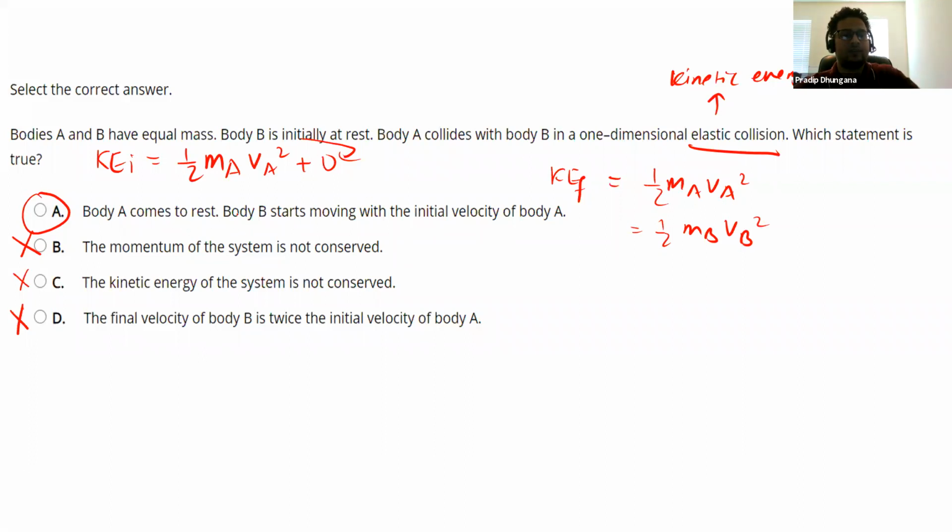That means body A comes to rest, body B starts moving with the initial velocity of body A. Please let me know if you have any question on this problem. Now let me go to the next question.